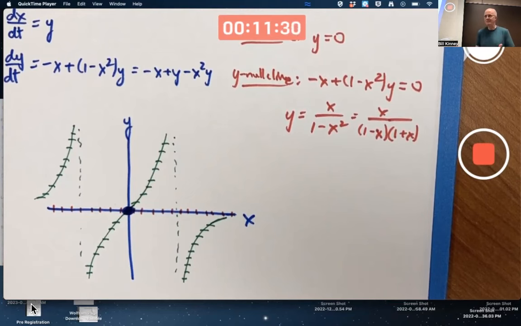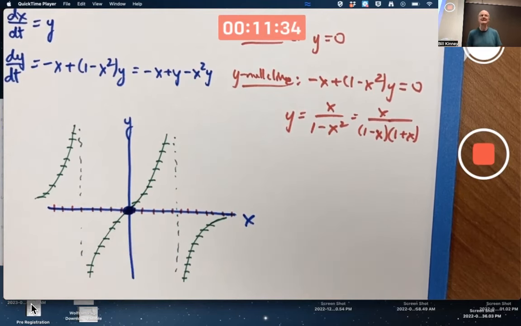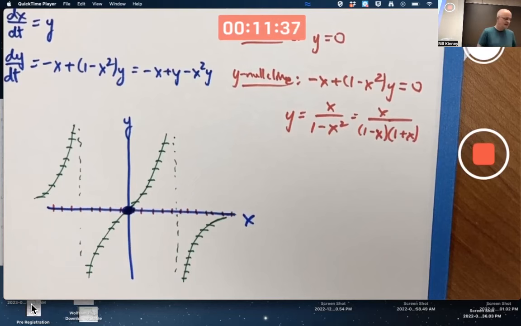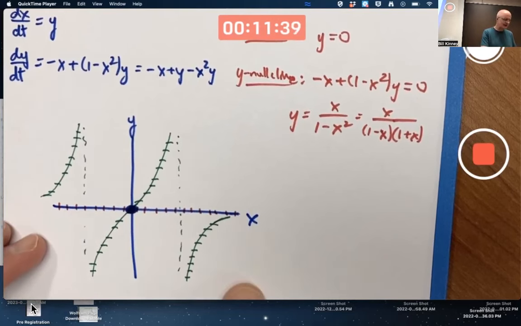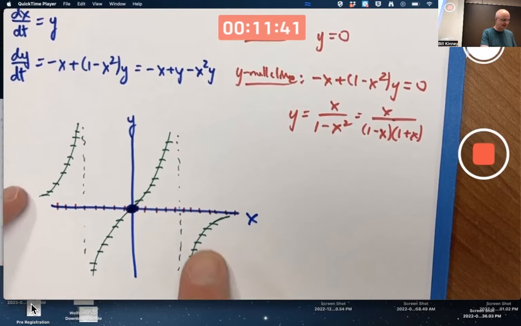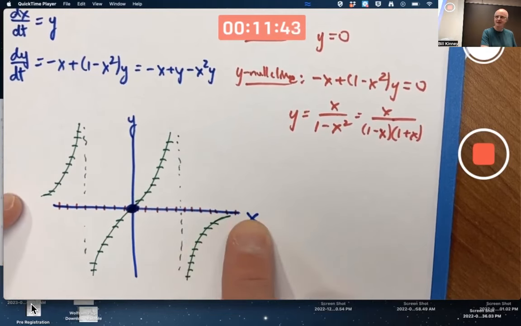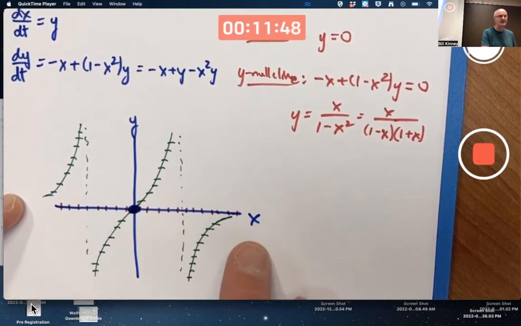Yes, it's just one point, but it's such an important point that I always try to draw big dots at equilibrium points. No other spots do the x and y null lines intersect. You might say they almost intersect as x goes to infinity and x goes to minus infinity, but they never do touch.